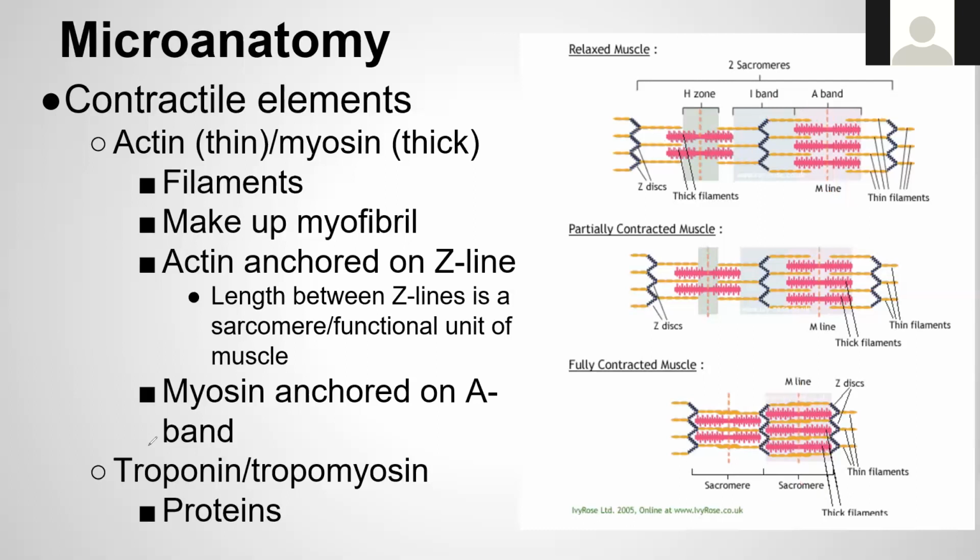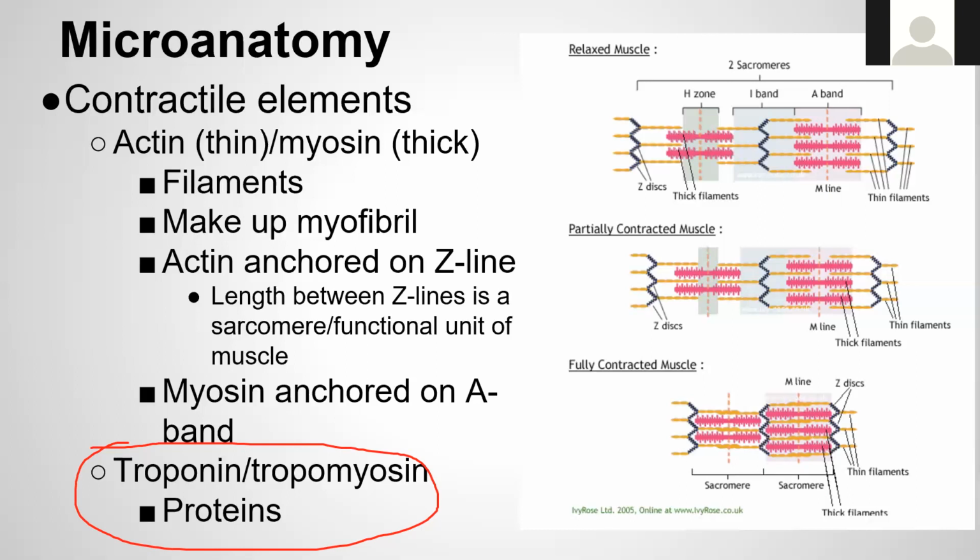Now I do have here the mention of troponin and tropomyosin. What these are, pretty much, they're more proteins here. Troponin attaches to tropomyosin, and these are going to be really present in between the actin.